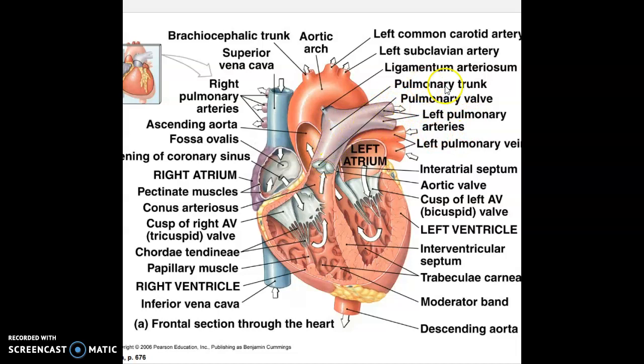From there, it goes to the lungs, where it comes back from the lungs into the pulmonary veins on both sides into the left atrium. Once blood's in the left atrium, it goes through the atrioventricular bicuspid or mitral valve into the left ventricle, and from the left ventricle, it goes to the aortic semilunar valve into the aorta. So I would expect you to be able to trace the path of blood through the heart.